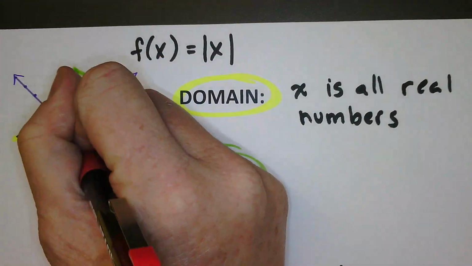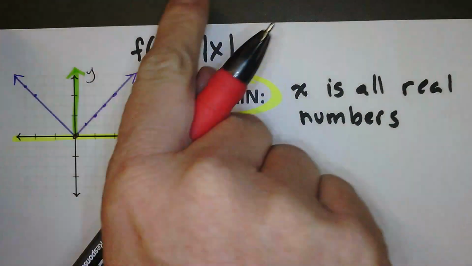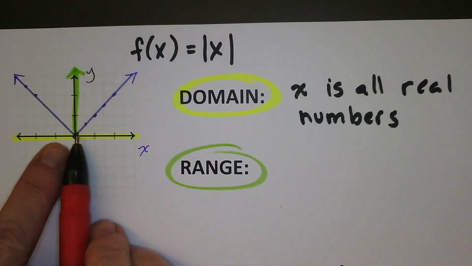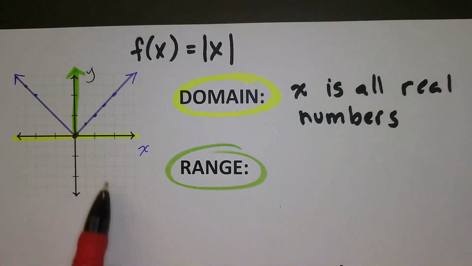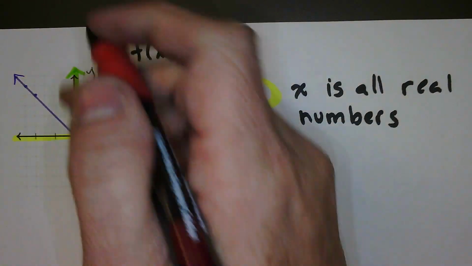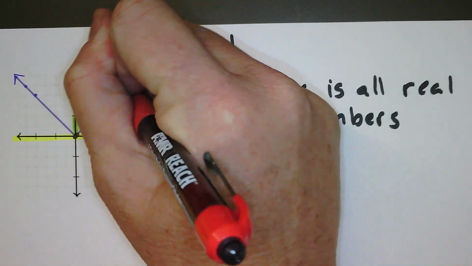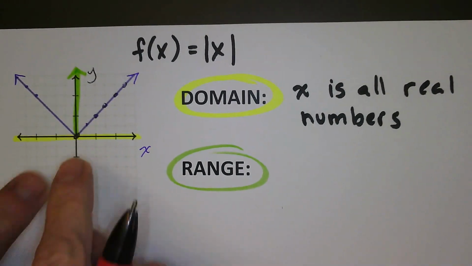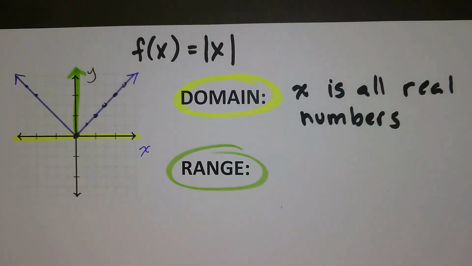Well, this thing has a vertex here at the origin, and it is forever growing up. So I know these lines are only going to go up. I'm never going to get any outputs down here. Every coordinate on this line is going to have a positive y value. I can never get a negative y value because this is the bottom and it's growing up.